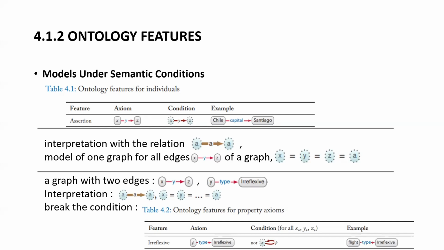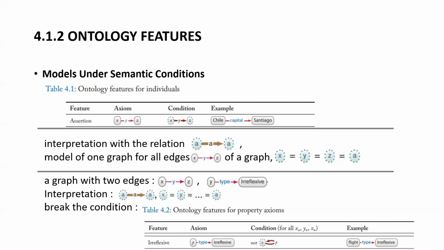Next, considering that multiple nodes in the graph can be mapped to one entity in the graph model, interpretation will map everything to one. For example, interpretation with relation AAA is a graph model in which x equal y equal z equal a is maintained for every edge xyz of the graph.